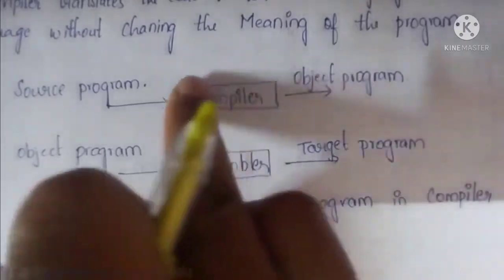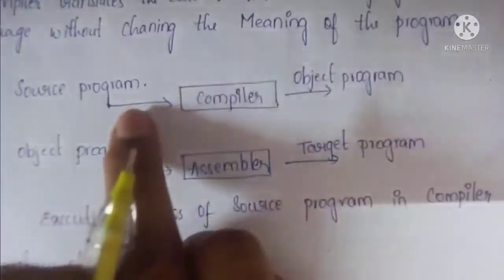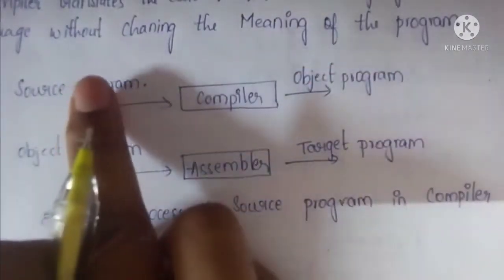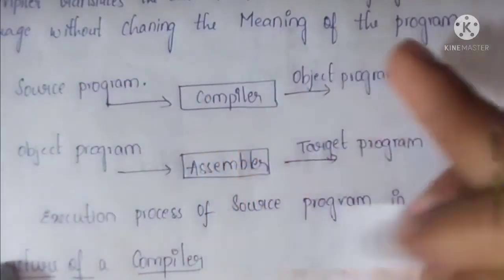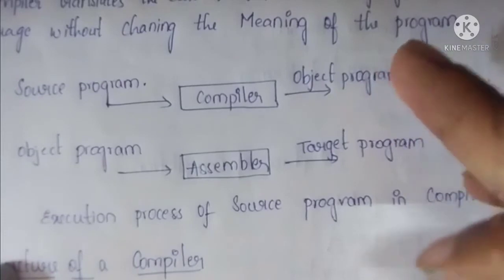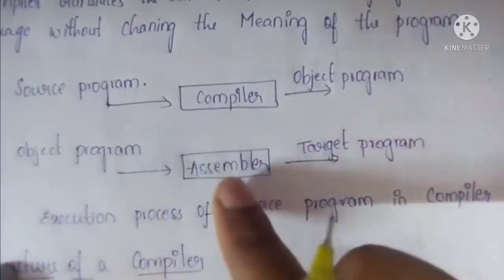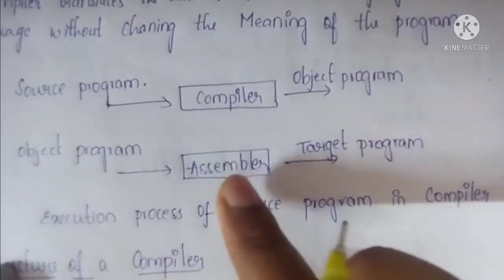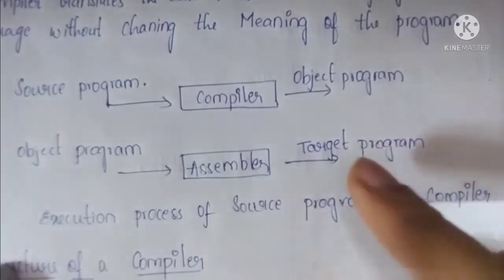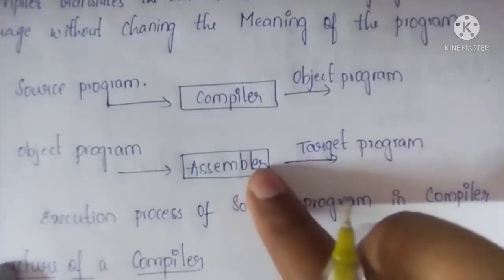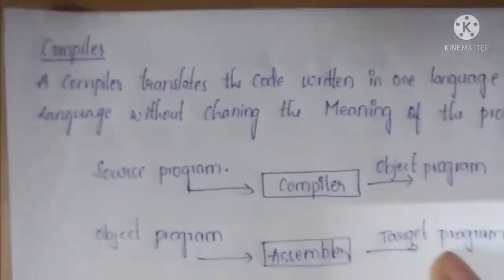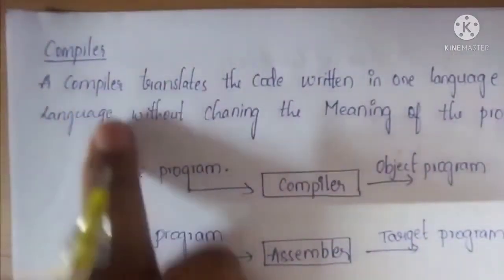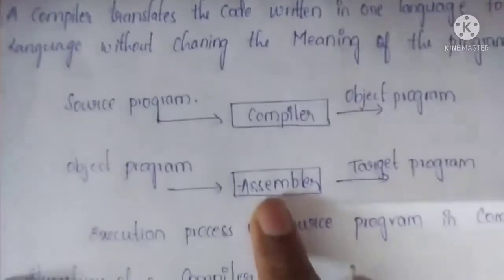So this is the process of how the compiler works. First the program is given to the compiler, then the compiler will generate the object program. This object program will be given to the assembler, and the assembler is generating a target program. So this is the definition of a compiler.